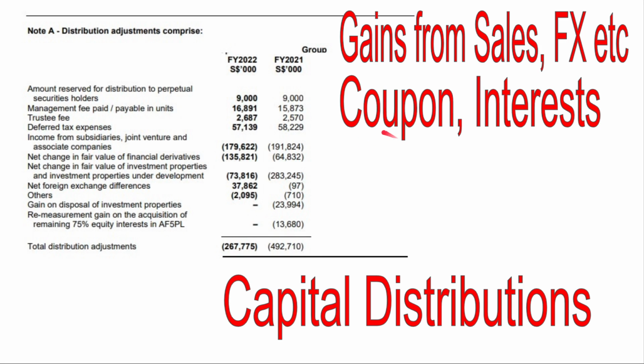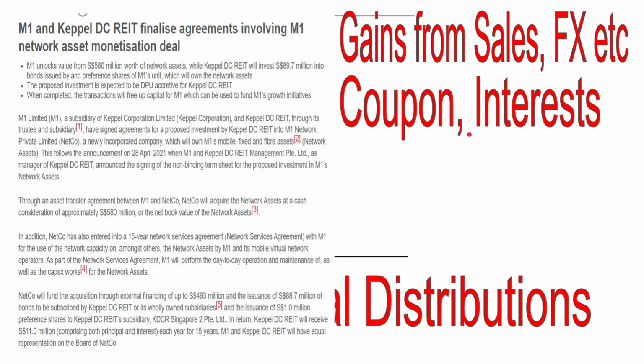You also have coupons and interest. So for example, something which is quite common nowadays would be to buy assets that come with a coupon. So for example, in this case, you have this REIT called Capital DC REIT.